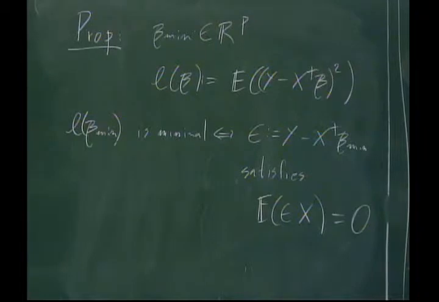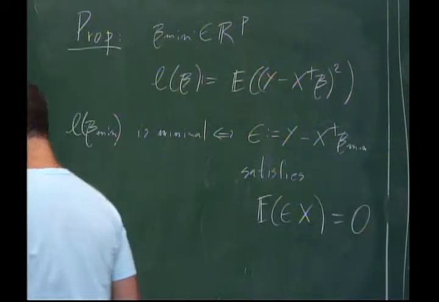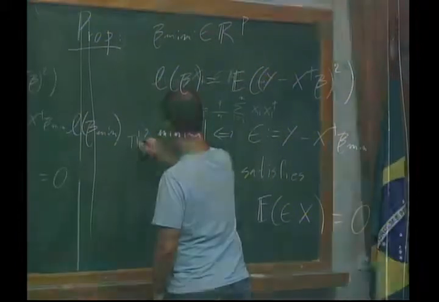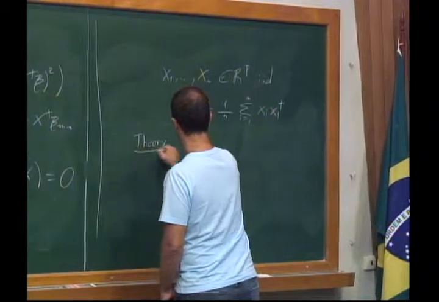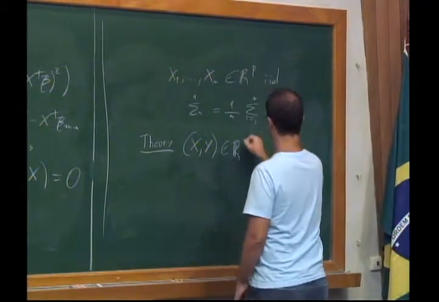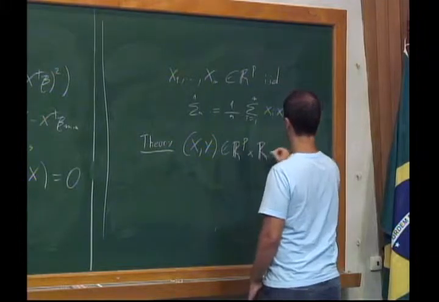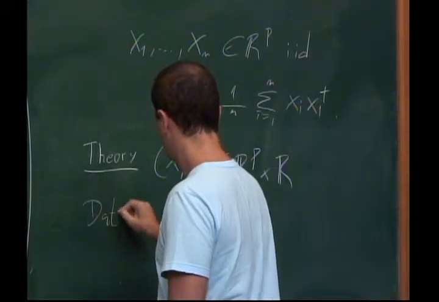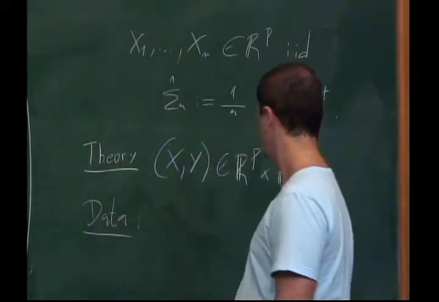So what is the practical method to do least squares? Let me write down what we have. In theory, you have x, y in R^p times R, and then you have the data, which is what you have in practice.